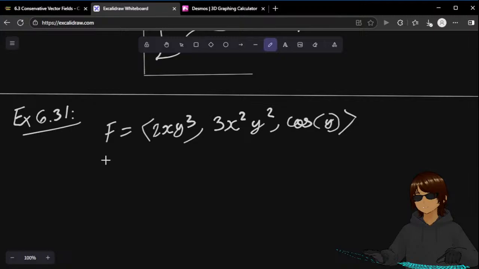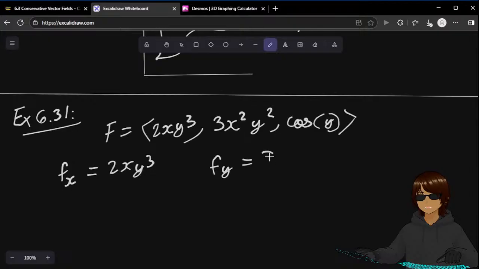Then what? Let's assume f exists. Then the gradient of f, the partial derivative with respect to x is equal to this, the partial derivative with respect to y is this.